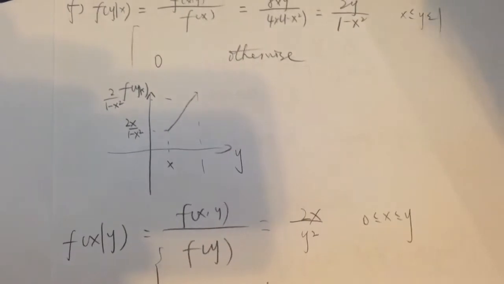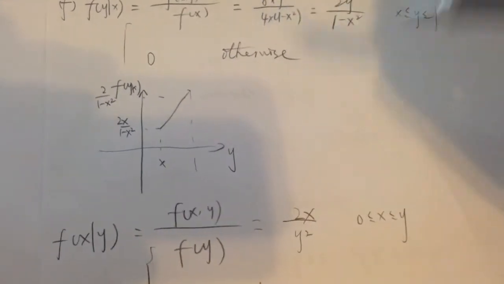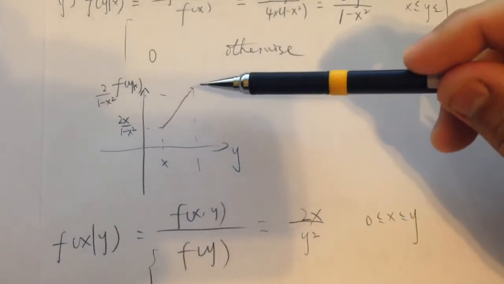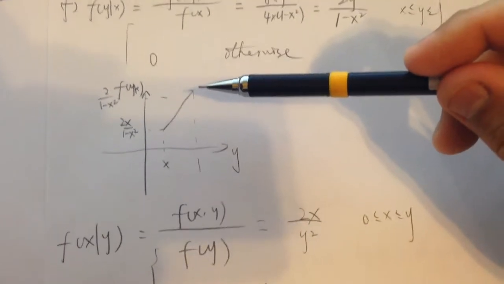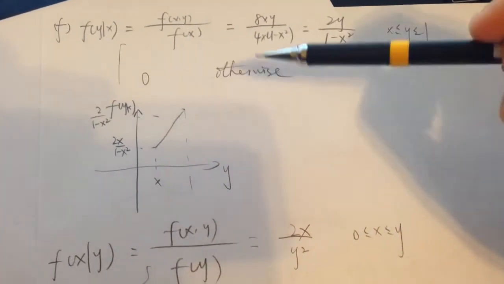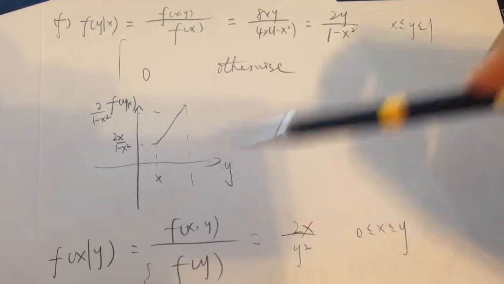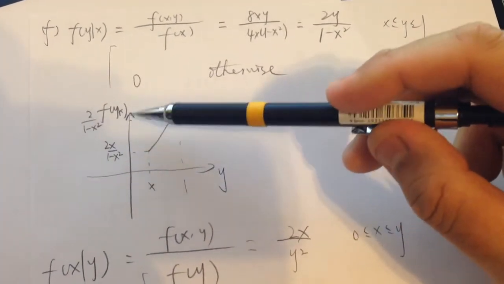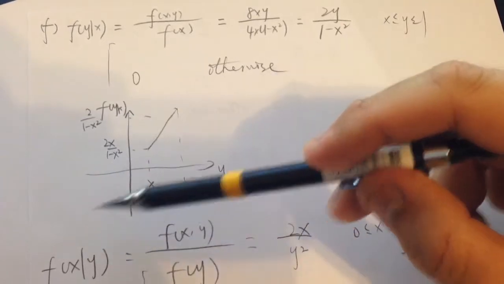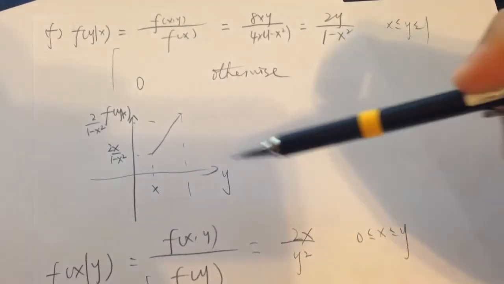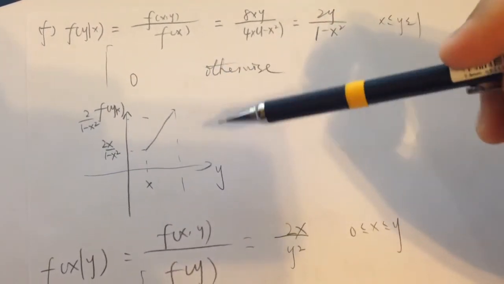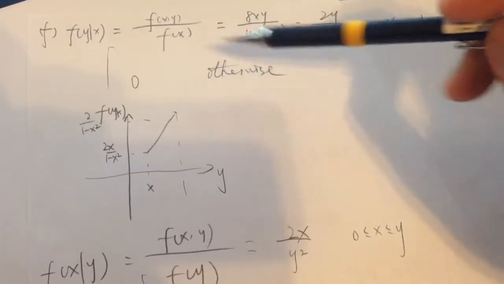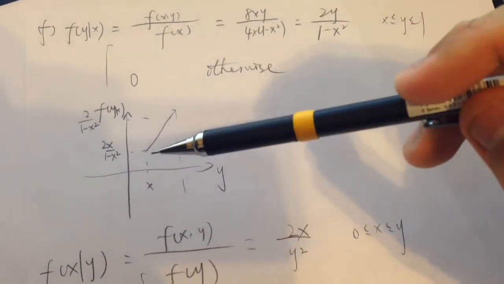So we can draw the graph of f_{Y|X} like this. The slope is 2 over (1 minus x squared), and when y is x, f_{Y|X} is 2x over (1 minus x squared), and when y is 1, f_{Y|X} is 2 over (1 minus x squared).